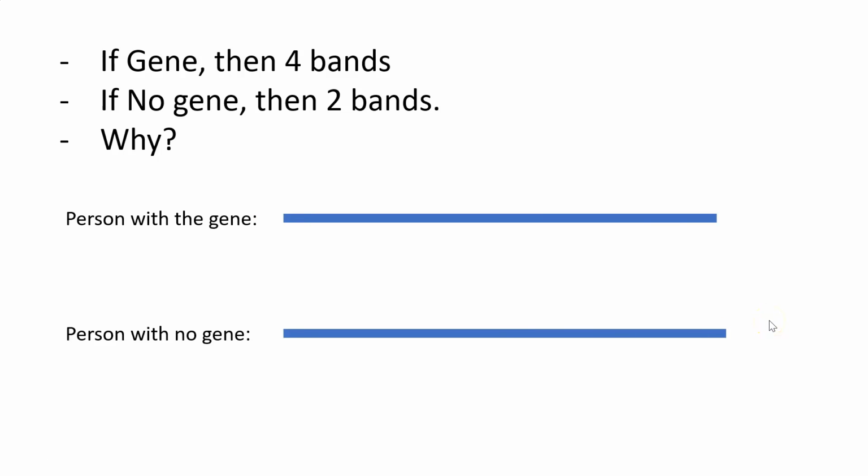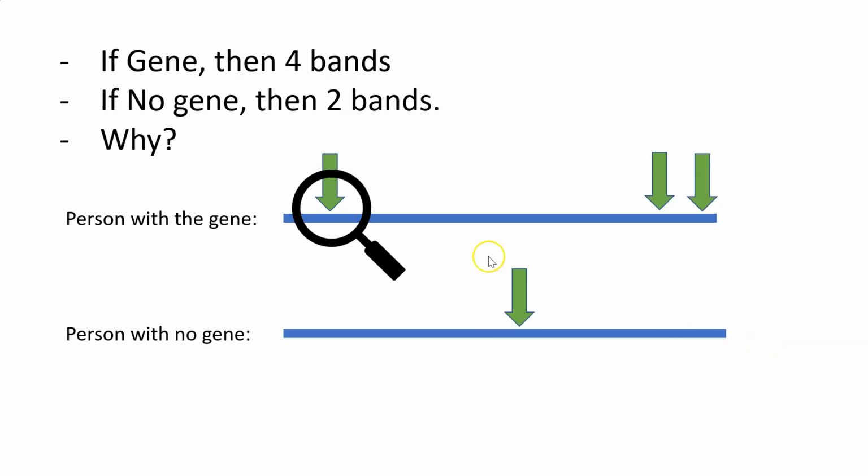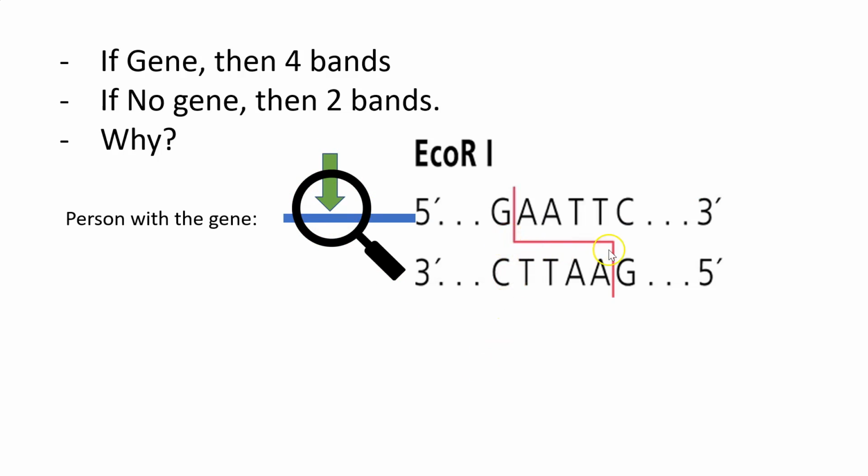You can't really differentiate them until you realize that there are these restriction sites. So the person with this gene has these restriction sites. The person without the gene has this one restriction site. And if you were able to sequence it, let's take a look at this spot in particular, what you're going to find is this exact segment of DNA, GAATTC.